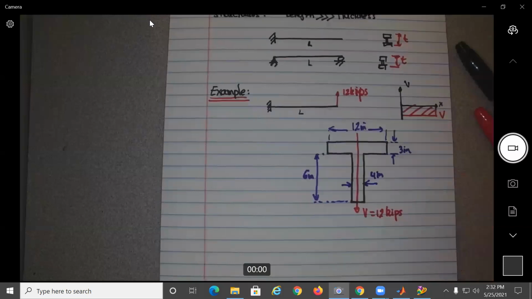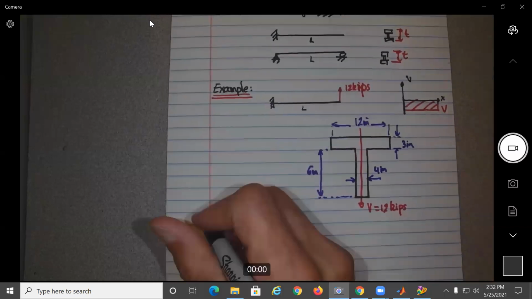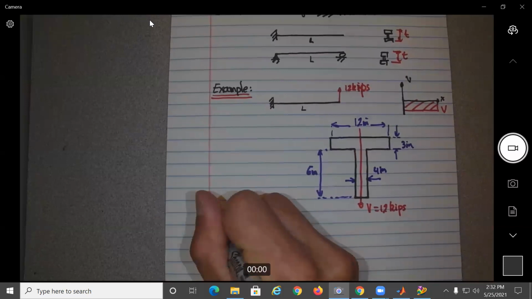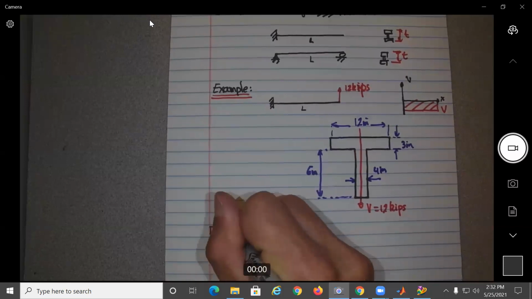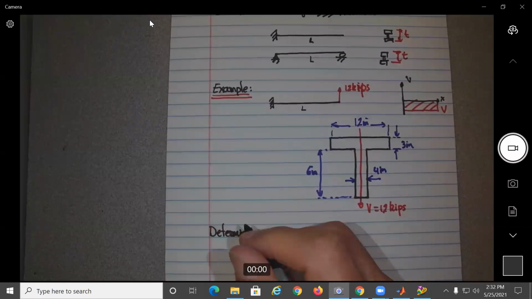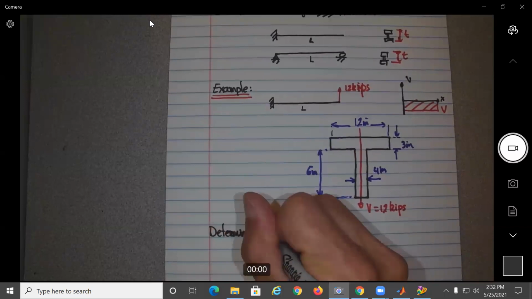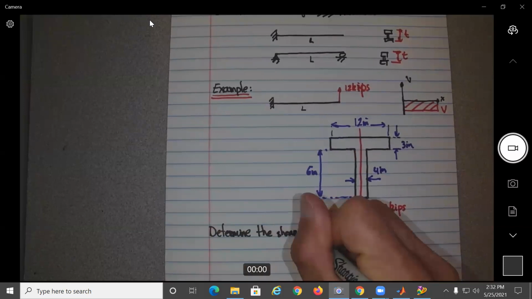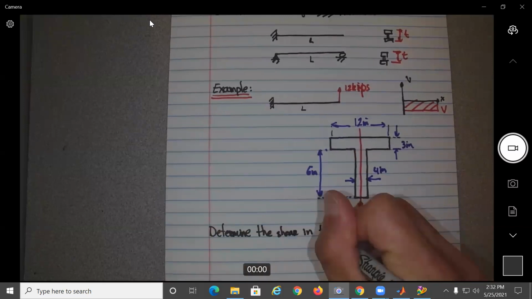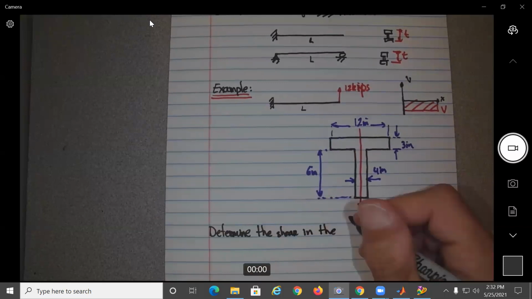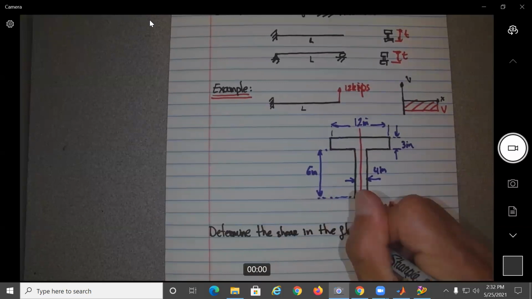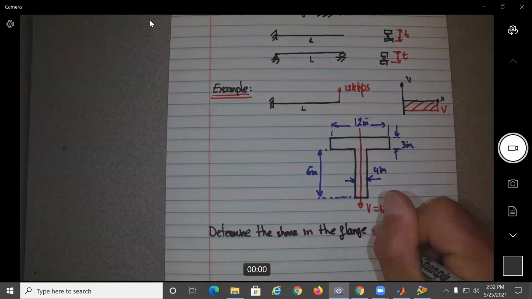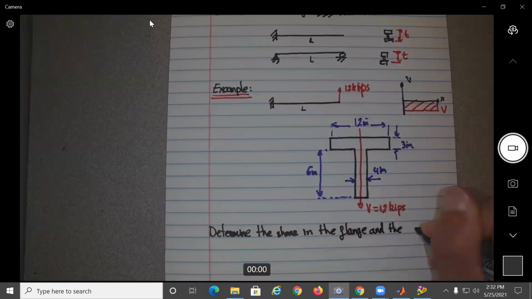So the question here is to determine the shear in the flange and the web, basically on the cross section, in the flange and the web.